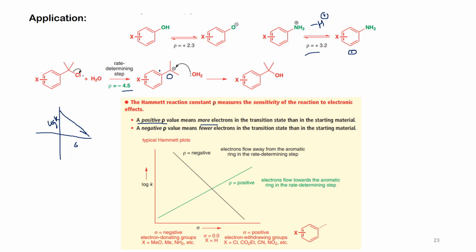You are getting an electron rich product. And if the rho value is negative, you can get an idea that the reaction is going through a carbocation intermediate or a positive, electron deficient intermediate, and the starting material has more electron density than your product or intermediate.